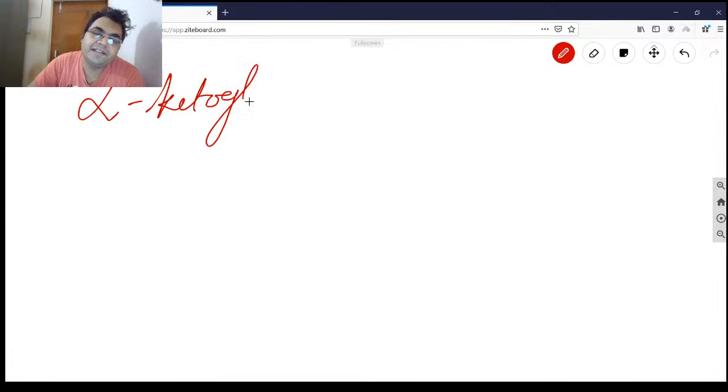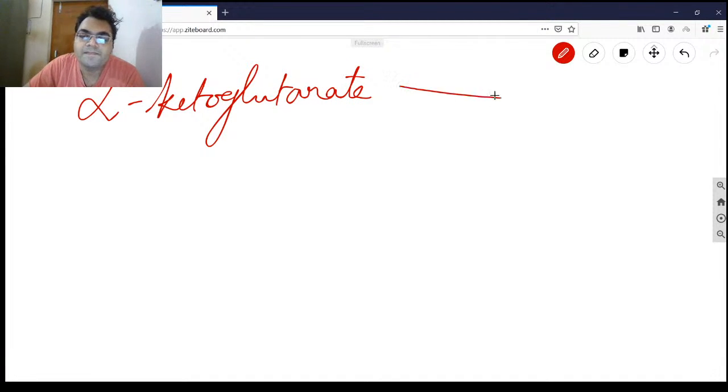Alpha ketoglutarate is converted into succinyl coenzyme A. How? You have the alpha ketoglutarate dehydrogenase complex.